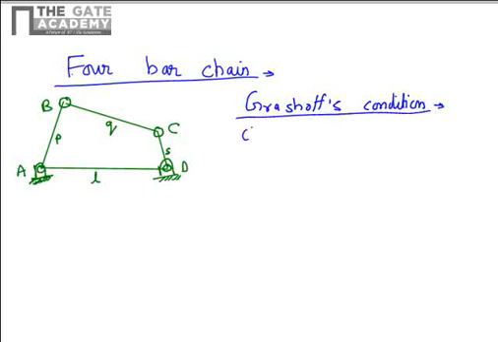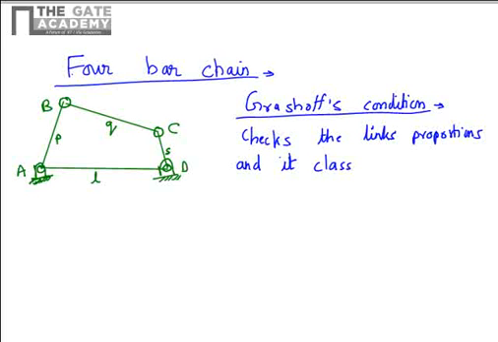It basically checks the link proportions. So it checks the geometry of the links, the lengths of the links in proportion to each other, and then based on that it classifies the category of chain mechanisms.